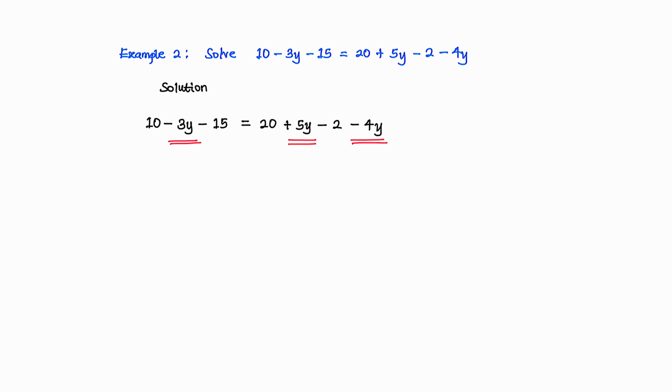So we have minus 3y. Notice that I didn't write 3y, I wrote minus 3y. That is because this minus sign belongs to 3y. So it's very important not to ignore the negative sign. The sign belongs to the number on the right of it.